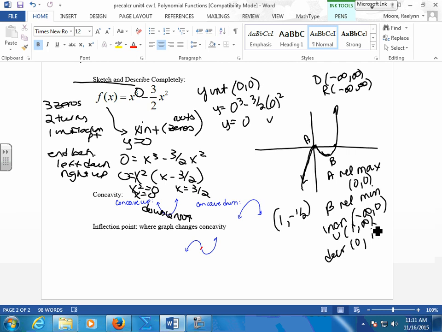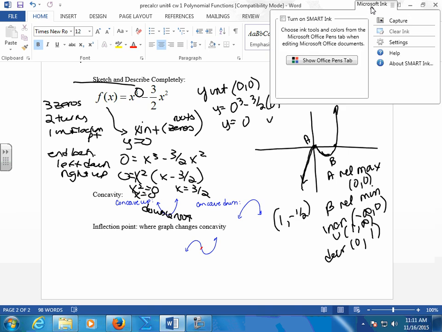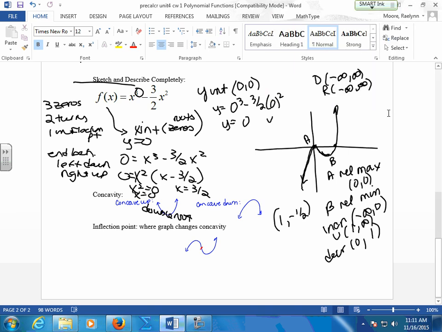1 inflection point. Now I want you to watch here for a second. Let's talk about what an inflection point is. Before we can talk inflection point, we have to talk concavity. What does a cave look like? If you saw a cave in the woods, what would it look like? Draw me a little symbol with your hands. It would look like this, right?